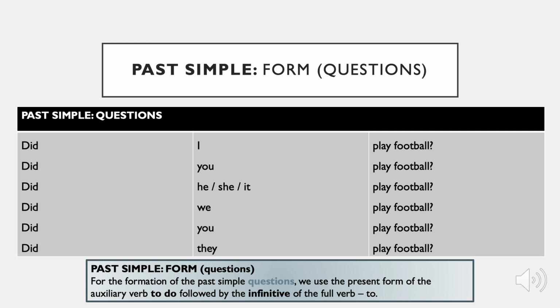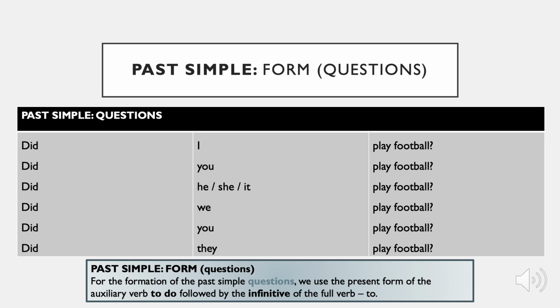If we say the word regret, the second E is stressed. Dus de klemtoon wordt op de tweede E in het woord gelegd. So, if the infinitive ends in one vowel that is stressed and followed by a consonant, we double the consonant and add ed.